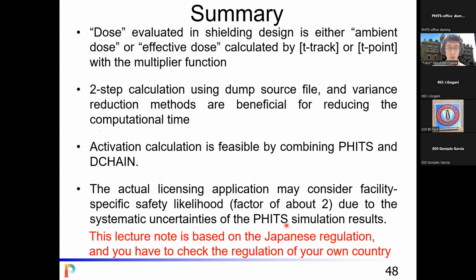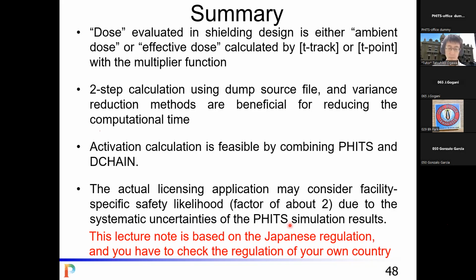There are actually two uncertainties to be considered: the statistical uncertainty and the systematic uncertainty. Statistical uncertainty is what you get in PHITS output, and this is something you can reduce by making use of variance reduction, a two-step calculation, or large maxcas or maxbatch. But the systematic uncertainty cannot be reduced as long as you are using one code.